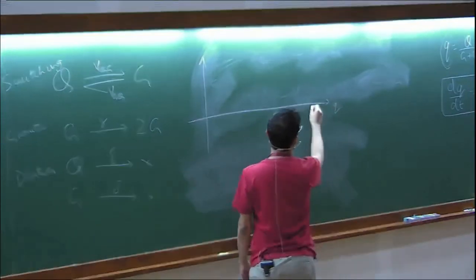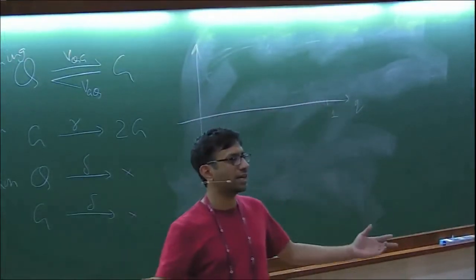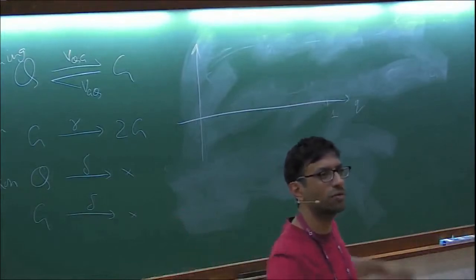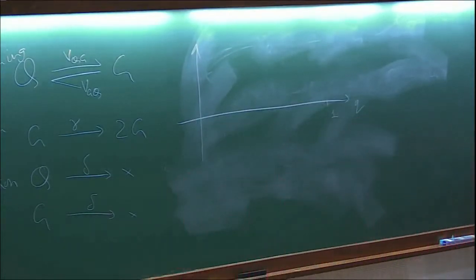So I'm going to draw q. We know q goes from 0 to 1, right? It's the fraction of cells, so we only need to worry about 0 to 1. Let's draw some of these lines. This term, all the switching combined, you can see is a linear function. If v_GQ and v_QG are constants, this is linear, right? It's a straight line.